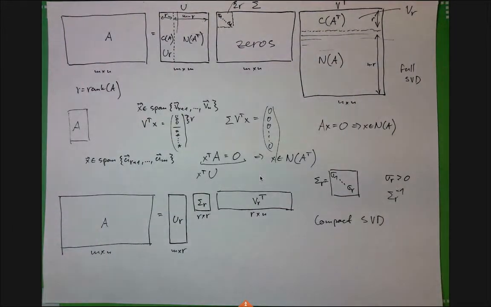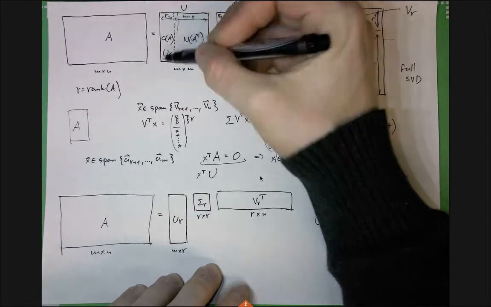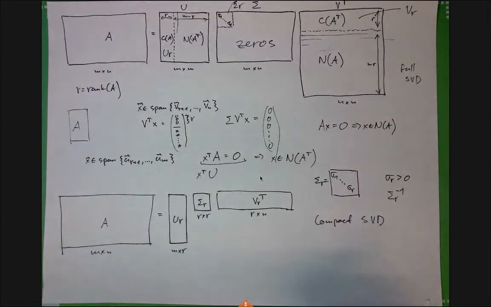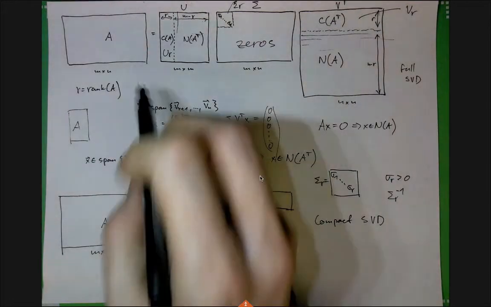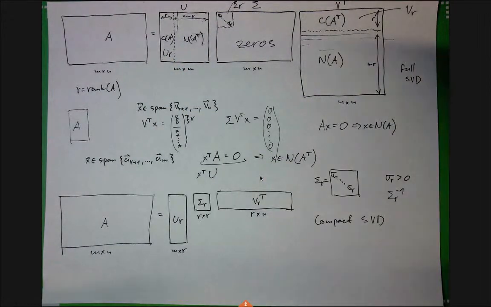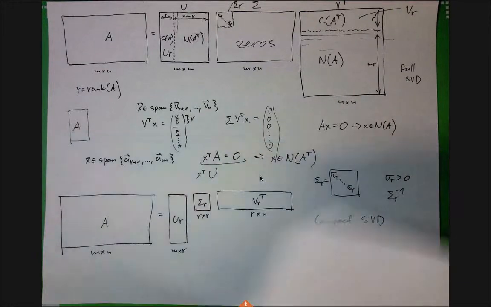Okay, and why I'm doing this is because I want to show that the column vectors of UR and the column vectors of VR actually are the basis of the column space and the row space, respectively.